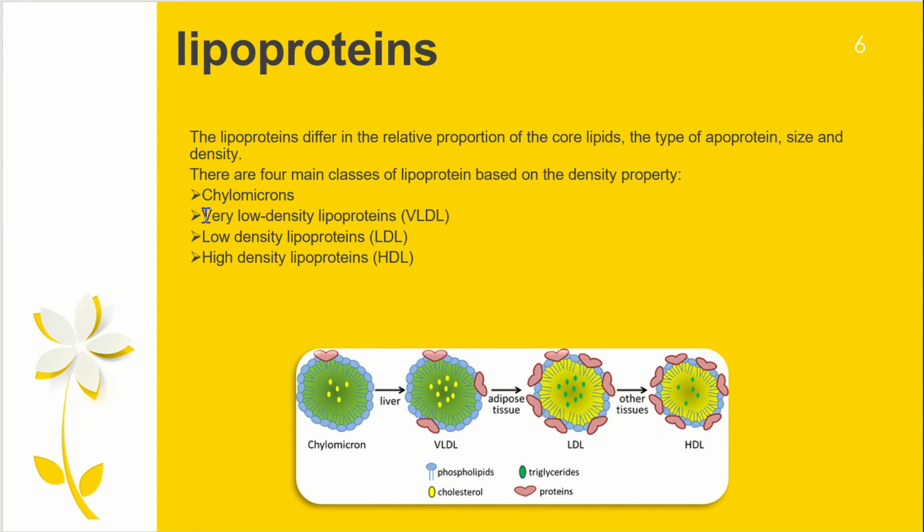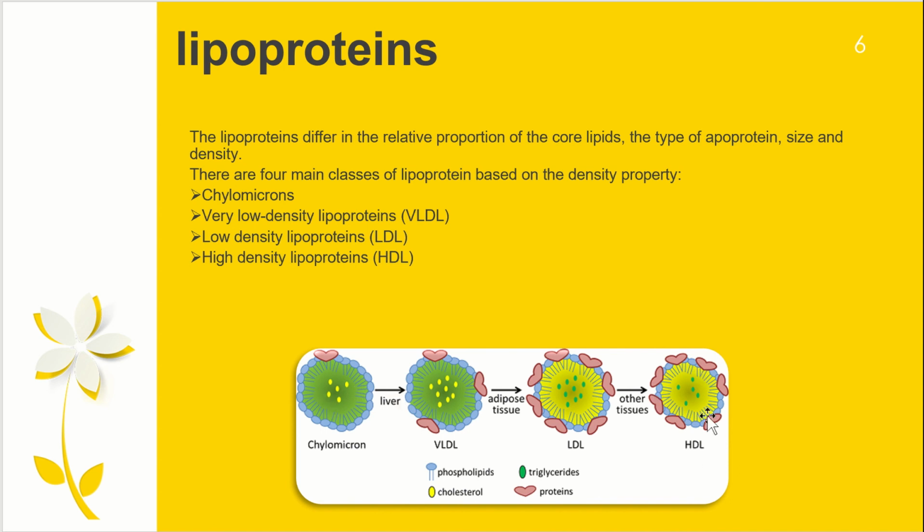To define them, VLDL means very low density lipoproteins, LDL means low density lipoproteins, and HDL means high density lipoproteins. As we can see, they differ in terms of the relative proportions of the different components, right?